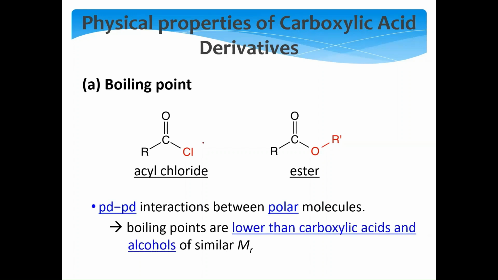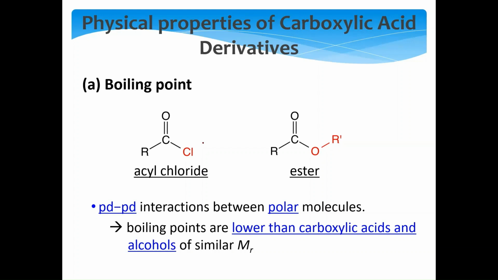If you compare the boiling points to that of carboxylic acids and alcohols of similar Mr, the boiling points will be lower, because carboxylic acids and alcohols are capable of intermolecular hydrogen bonding. Whereas acyl chloride and ester can only have PD-PD interactions between the molecules. There is no hydrogen bonding between the molecules of acyl chloride and ester because there's no protonic H.